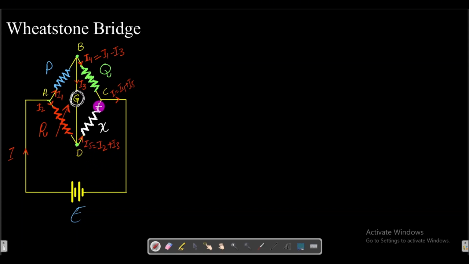Here we have I5 coming from this resistor, and I4 coming from this resistor, and at this junction, according to Kirchhoff's current law, these two currents will add up. When these two currents add up, they will give the magnitude of the same current as it entered this arrangement of resistors. So here again the current I will flow in this direction toward the battery.